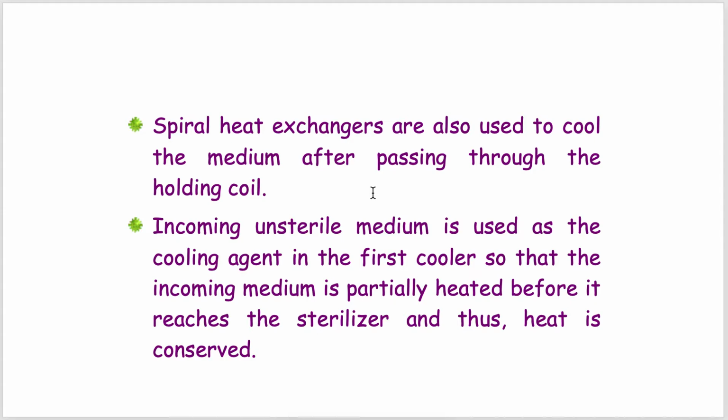Spiral heat exchangers are also used to cool the medium after passing through the holding coil. In doing so, incoming unsterile media is used as the cooling agent in the first cooler, so that the incoming media is partially heated before it reaches the sterilizer and thus heat is conserved, and in the second cooler cold water is used.